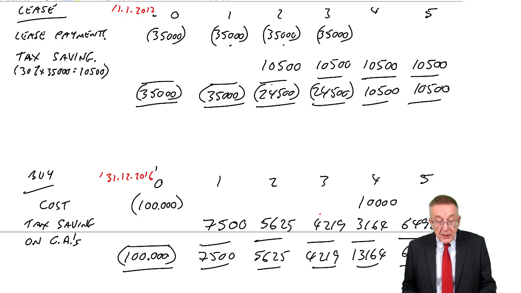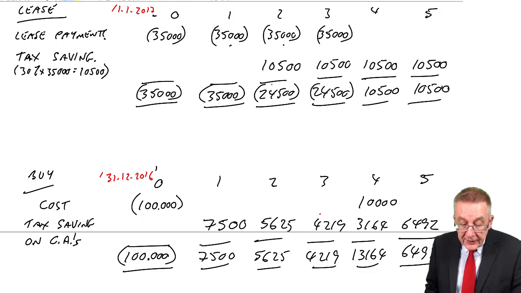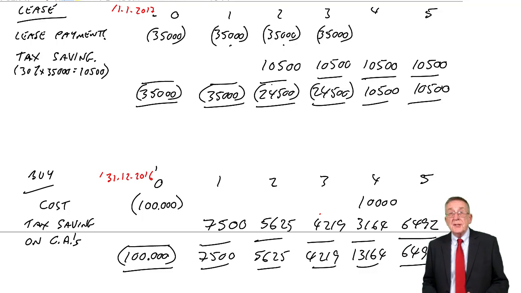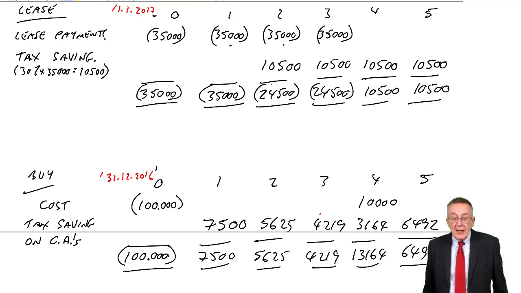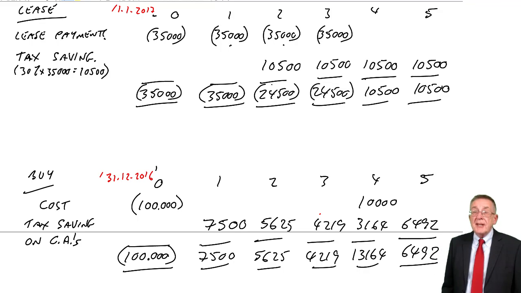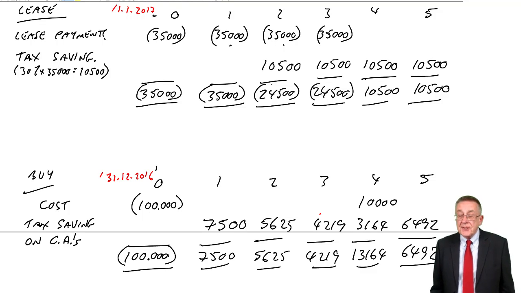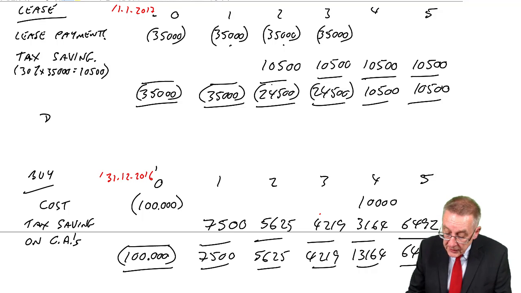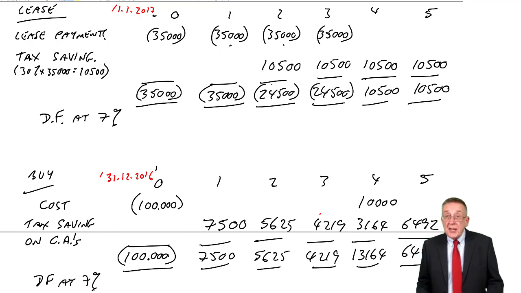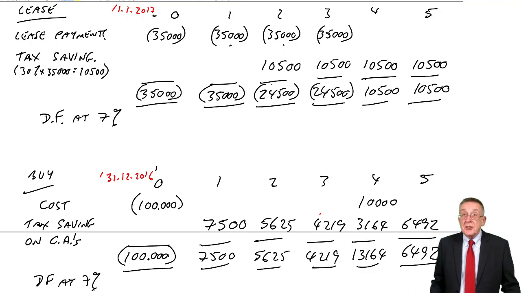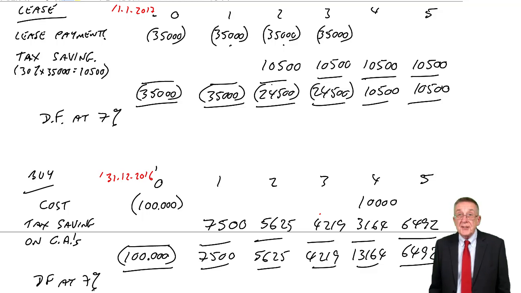And we discount always at the after-tax interest cost of borrowing. It says here, the cost of borrowing money is 7% after tax. We'll discount in both cases at 7%. Now, before I do, because the discounting itself is obviously just using the tables, that shouldn't take many seconds.